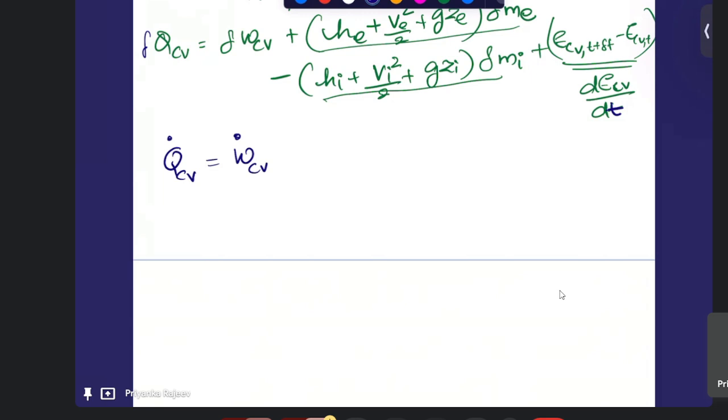That's why everything I am writing as rate of change of heat transfer and work transfer, etc. is equal to, so here flow rates will be coming, me dot and mi dot.